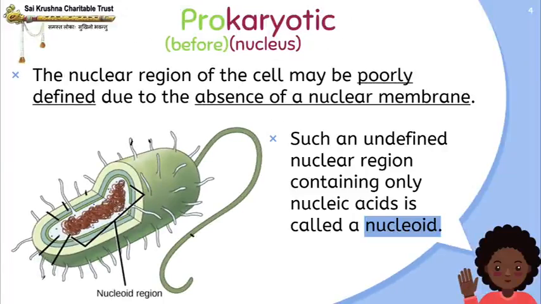So in prokaryotic cells, they have a poorly defined nucleus because they do not have a nuclear membrane, and this undefined nuclear region is known as nucleoid, and it only contains nucleic acids.